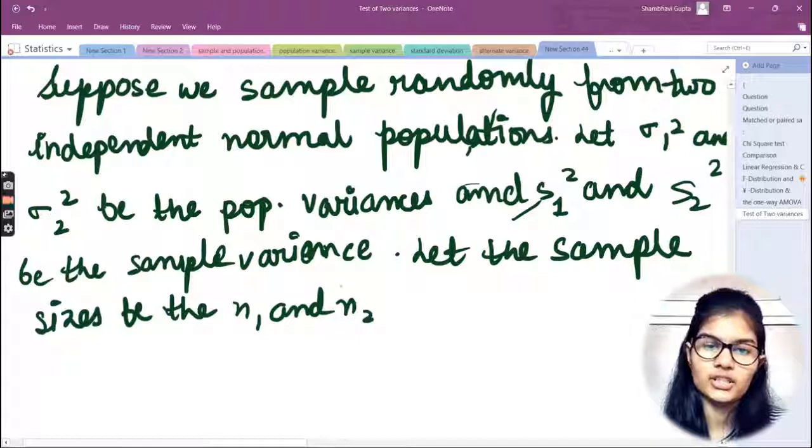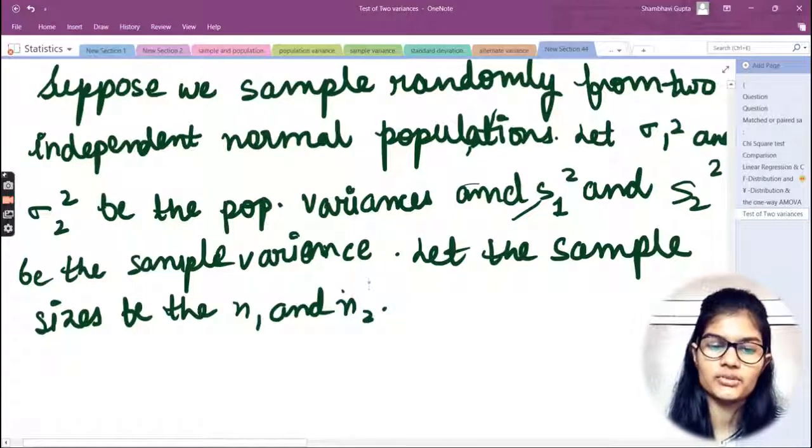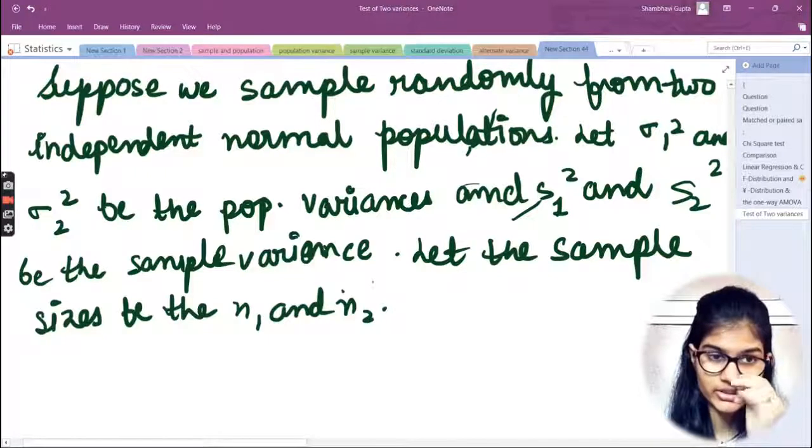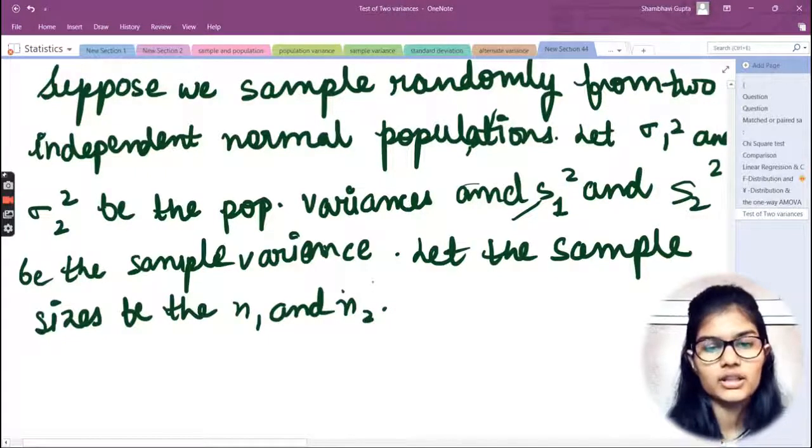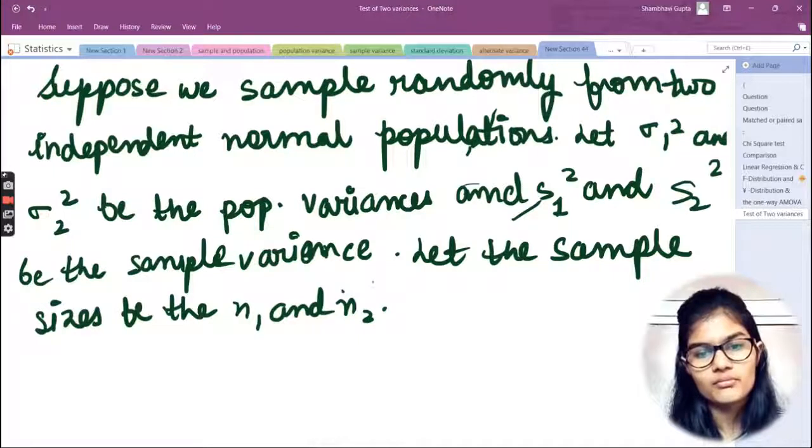Next, let's say we are interested in comparing the two sample variances.